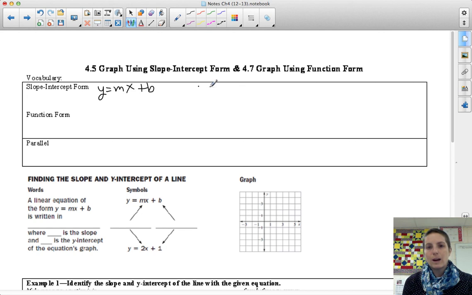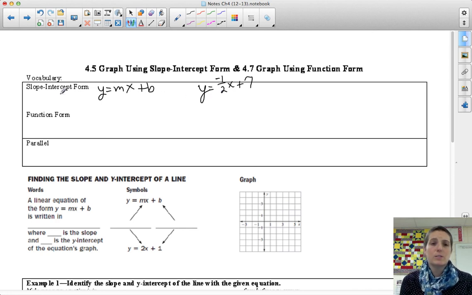We're really going to see a y, and then y equals a number, and that m value is usually in fraction form. So let's put an example there. Negative 1/2 x plus 7 would be an example of slope-intercept form.